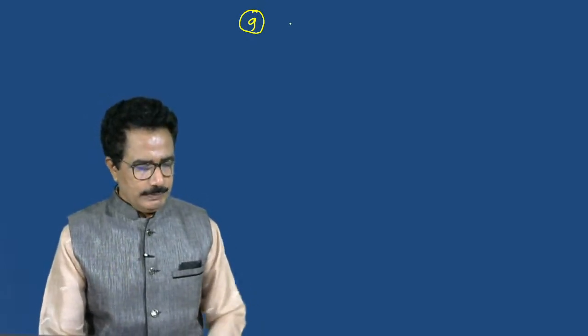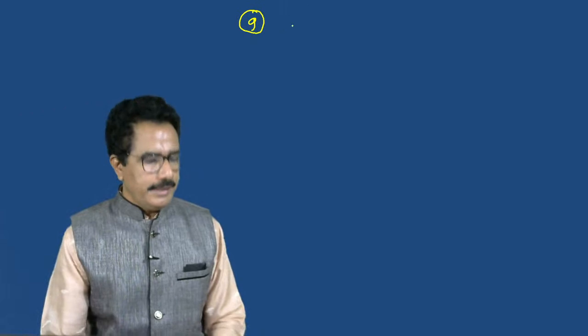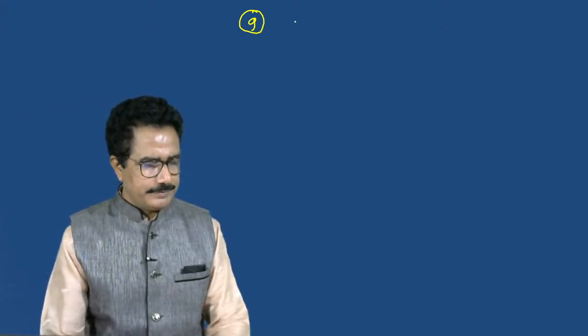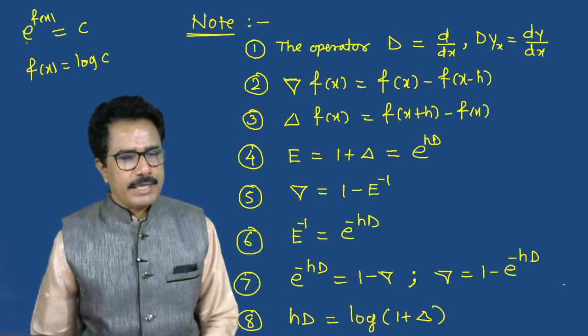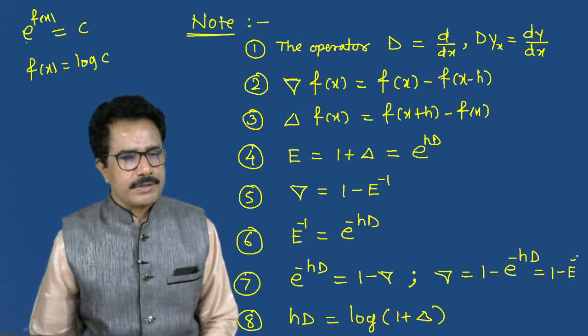The ninth formula can be written the same way for minus. So we can write e raised to minus hD is equal to 1 minus E inverse.